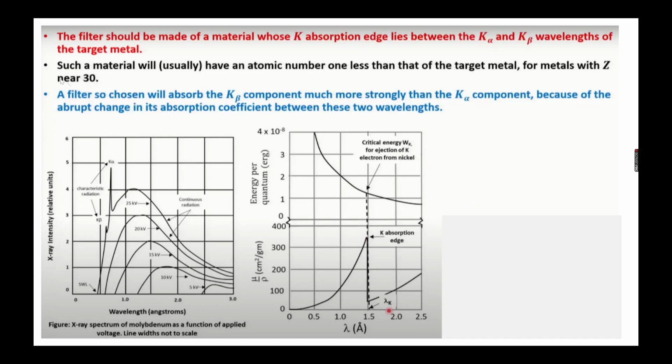So usually we use the material which is near Z equals 30.